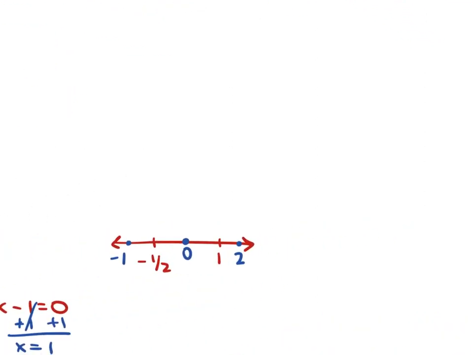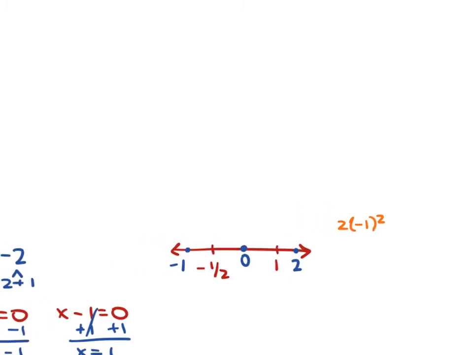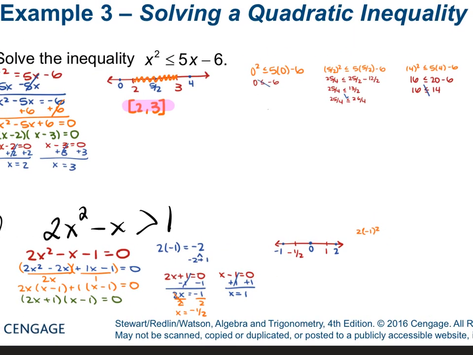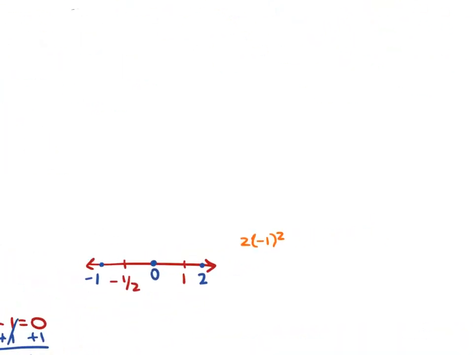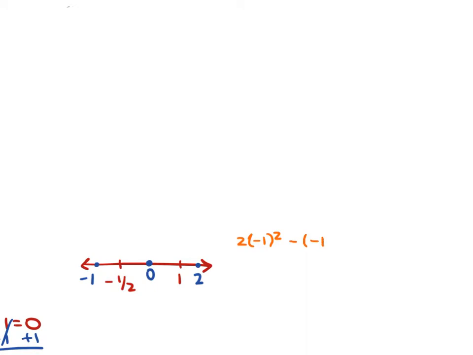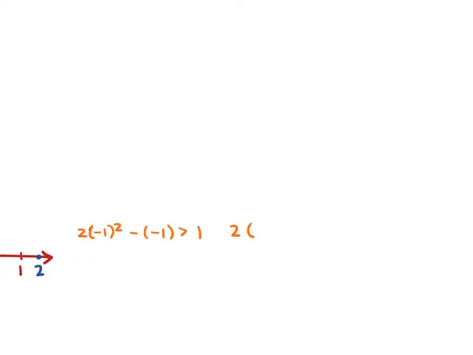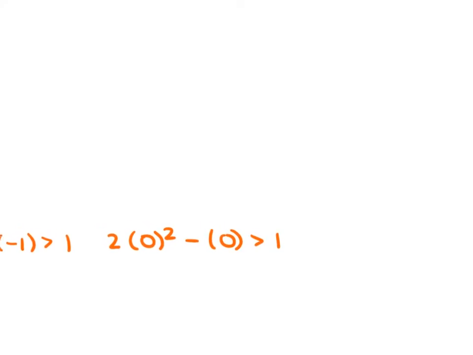So we're going to plug in the negative 1. So 2 times negative 1 squared minus negative 1 is greater than 1. Then we have 2 times 0 squared minus 0 is greater than 1. And 2 times 2 squared minus 2 is greater than 1.